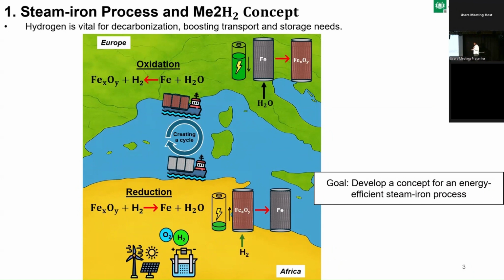And the goal now is to develop a large, energy-efficient concept of the steam iron process. And in order to do this, at the beginning we were thinking that we need to be able to examine several scenarios, and do similar flow sheeting, user-defined flow sheets.